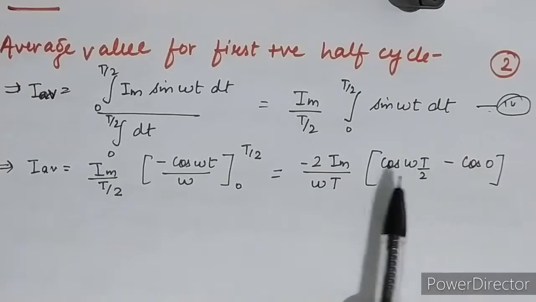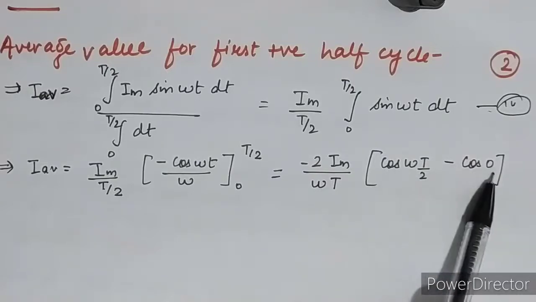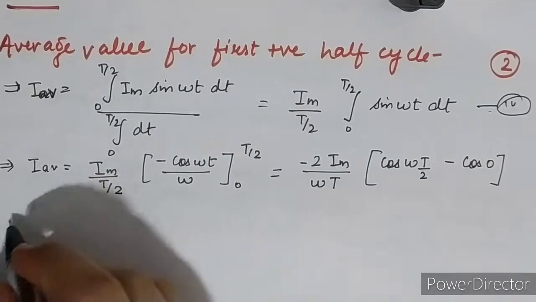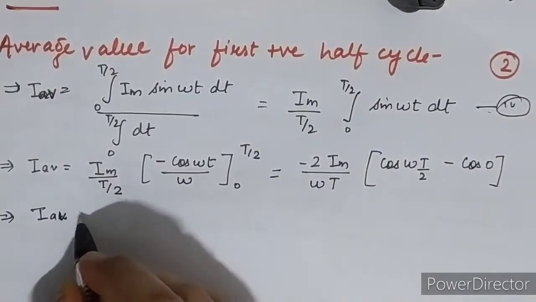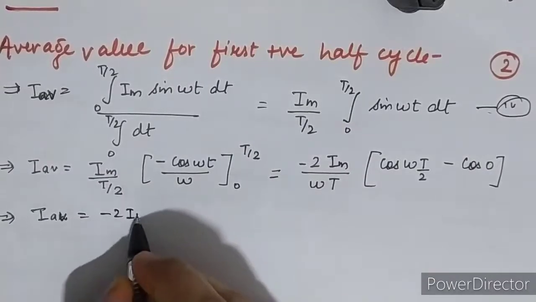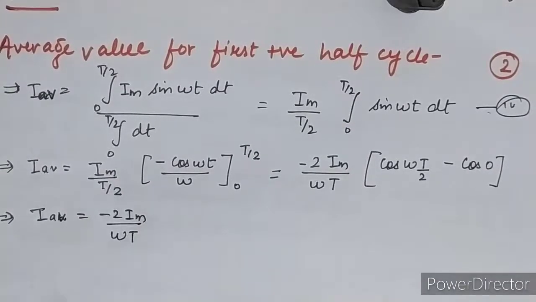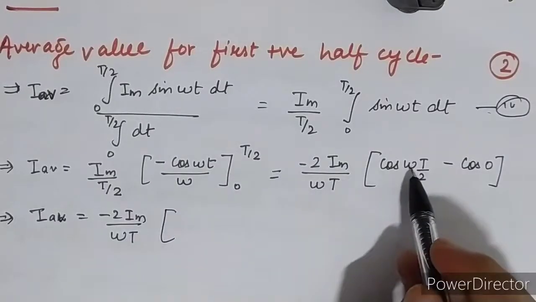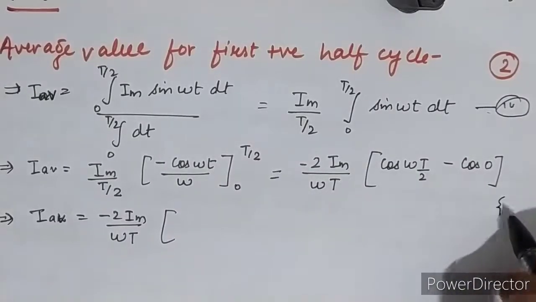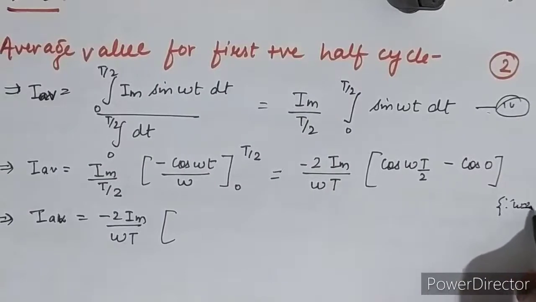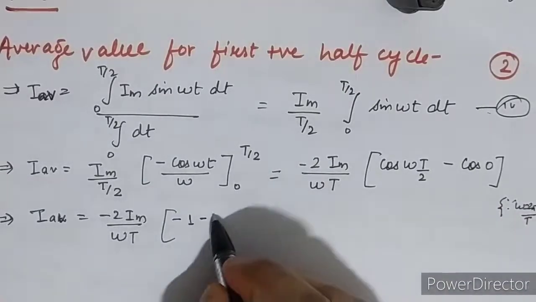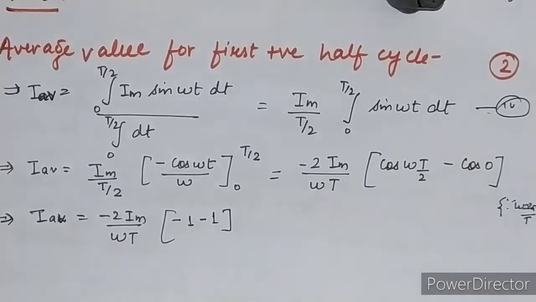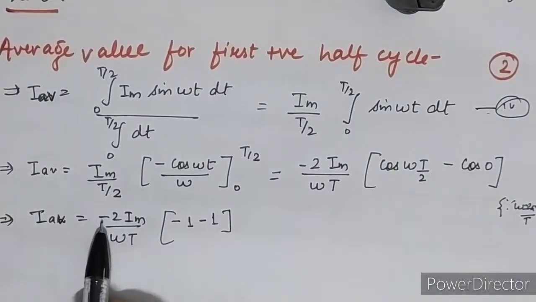So I average is minus 2 Im upon omega T, as it is. Writing omega as 2 pi by T, T and T cancel, 2 and 2 cancel, cos pi is minus 1, cos 0 is 1, so minus 1 minus 1 is minus 2, and minus times minus is plus.